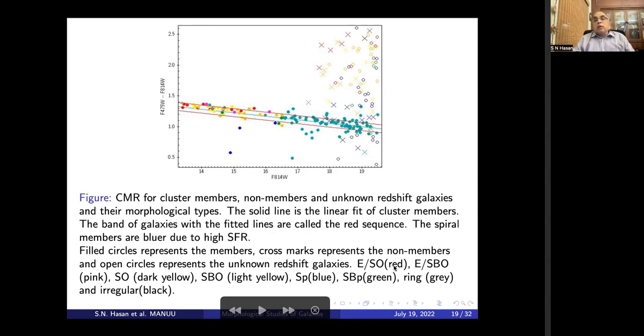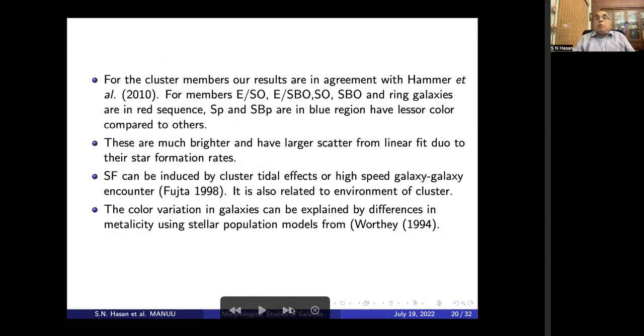Ellipticals are red, barred ellipticals are pink, S0 dark yellow, SB0 light yellow, and so on. So you see where they lie, and there is a clear segregation of where they populate the diagram.